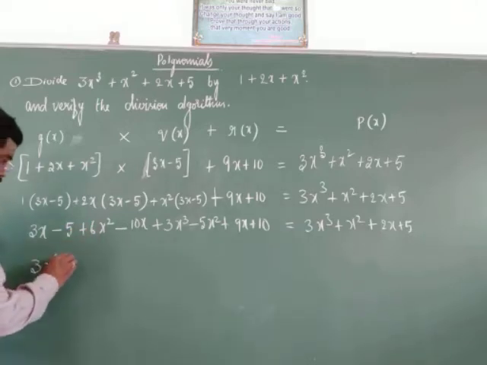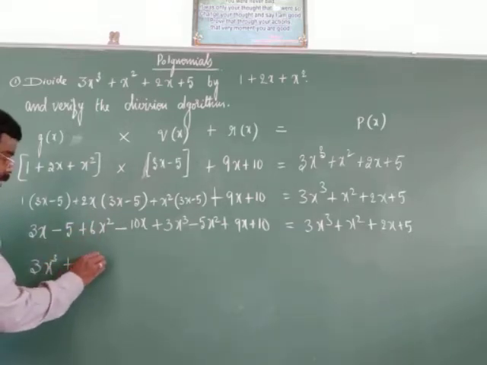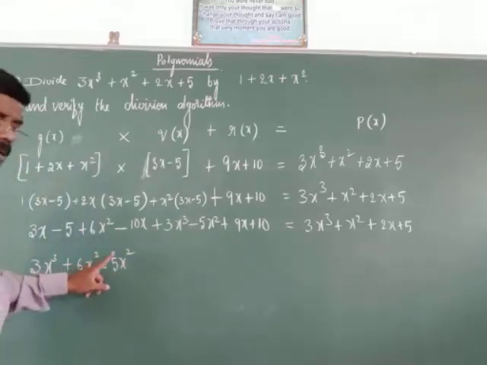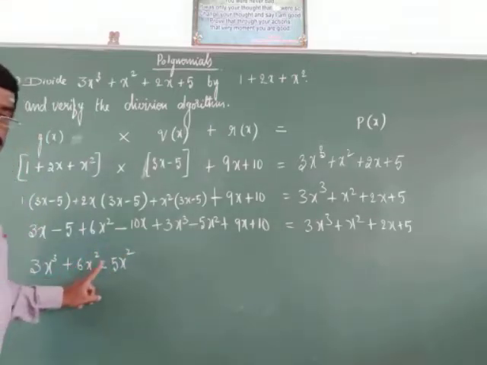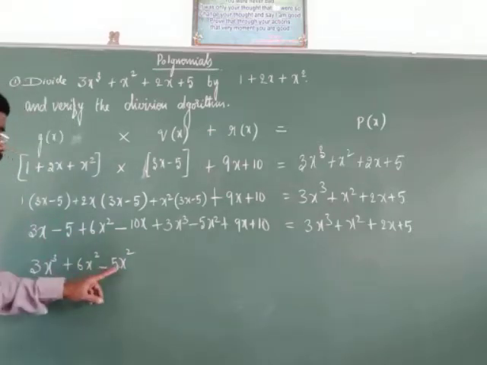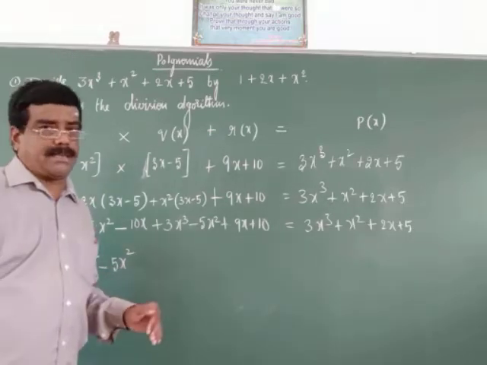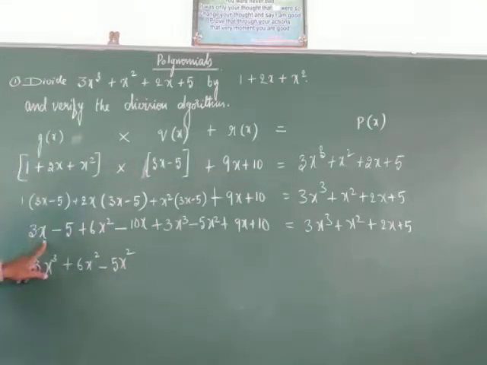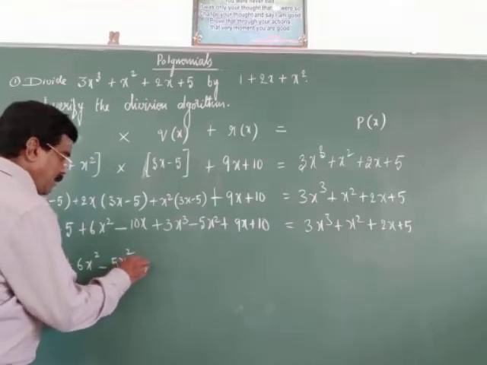That is plus 6x square minus 5x square, because x square and x square are called like terms. In the next step, we are going to add or subtract. Now x square is over. Now coming to x term, the term with x. You can see here you have 3x. That is no sign means plus 3x.